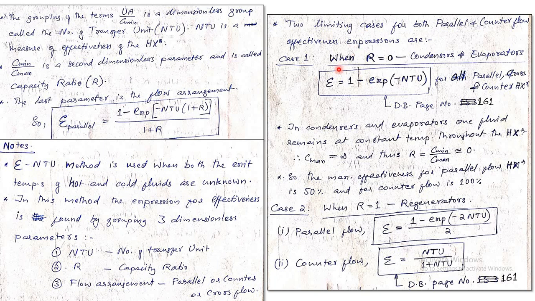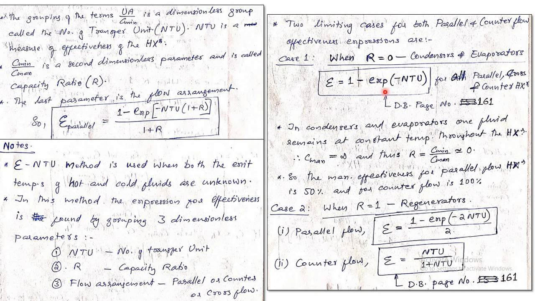Case 1, when R equal to 0. We already discussed this in the LMTD case also. R equal to 0 is the case of condensers and evaporators.